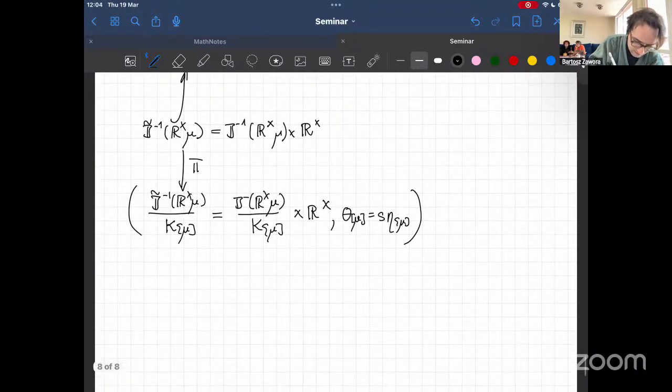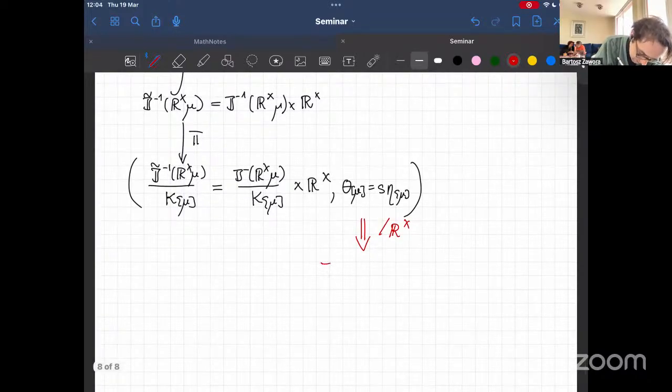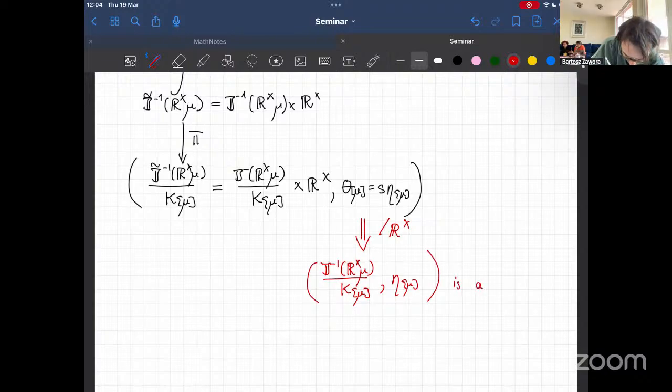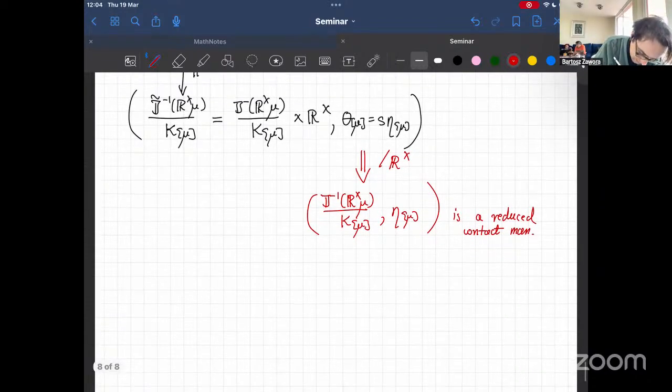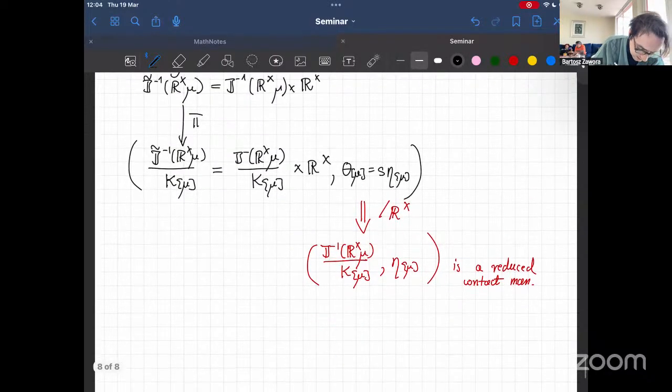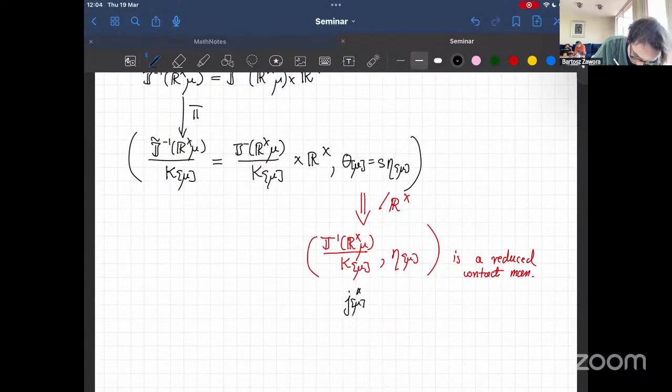So this is the setting, and naturally after the quotient by R cross, we get that J^{-1}(R cross mu) over K_mu with eta_mu is a reduced contact manifold. Right, where the pullback of eta is equal to the pullback with respect to pi_mu of eta_mu.